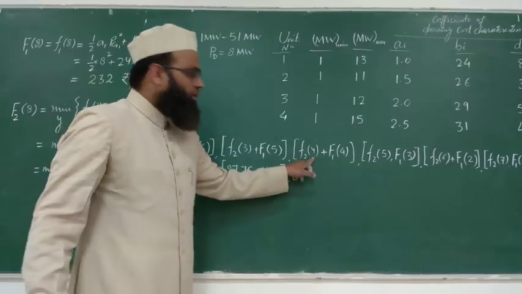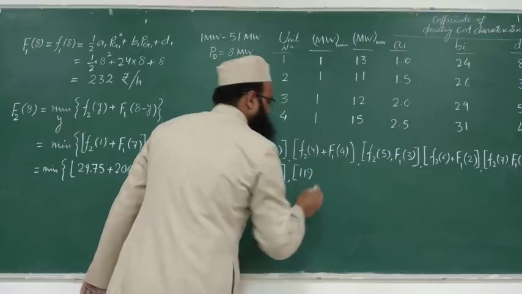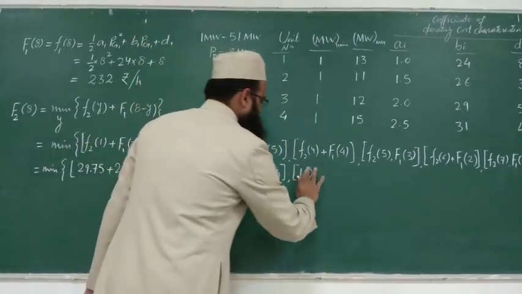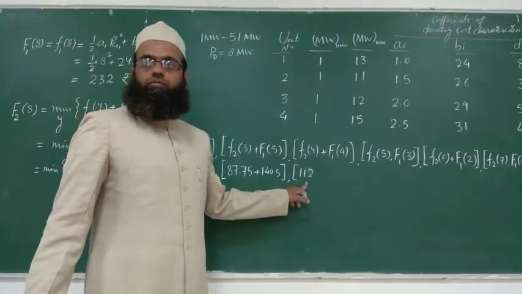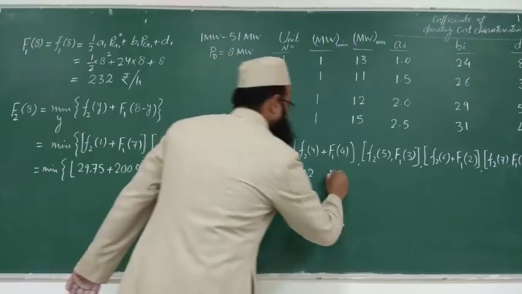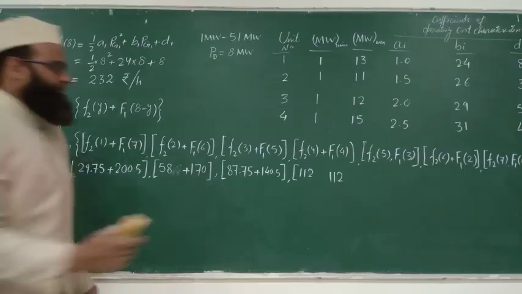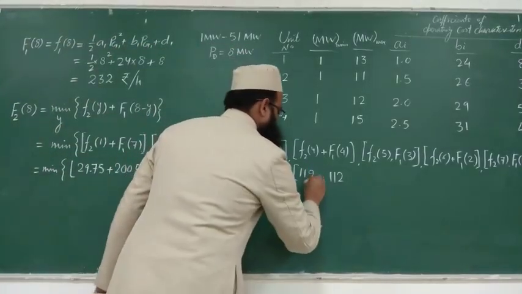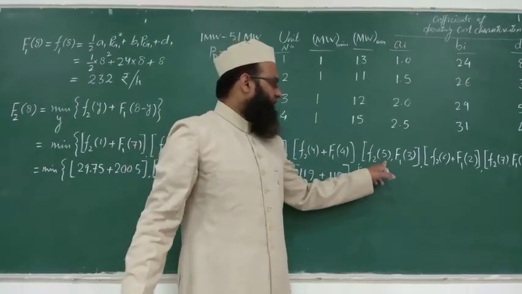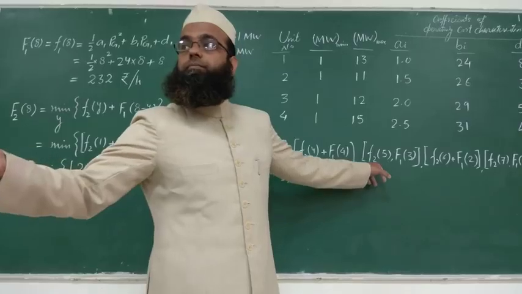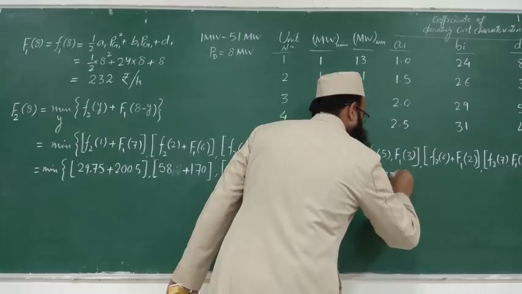Okay, what about F24? 119.2. Okay, majority of you have evaluated as 112. This is F14, 112. What about this? 119 was okay. Next F25, generating 5 megawatt from second unit. 151.75.